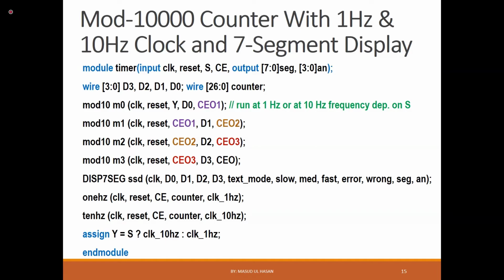It will count from 0 to 8 nines. That is the 1 hertz clock. The output CEO is this 1 hertz.